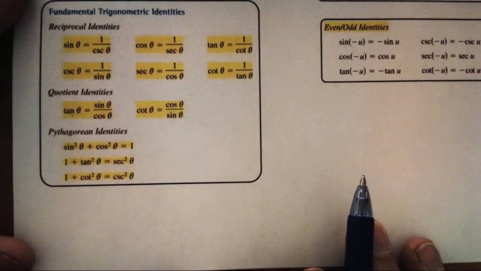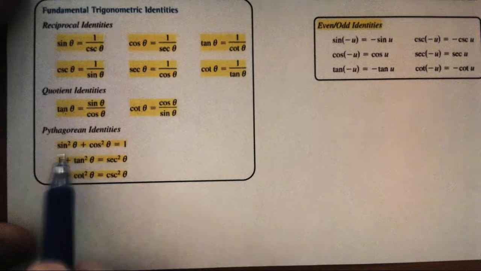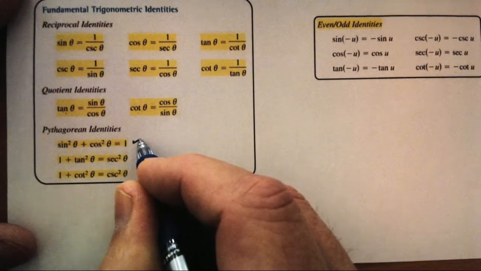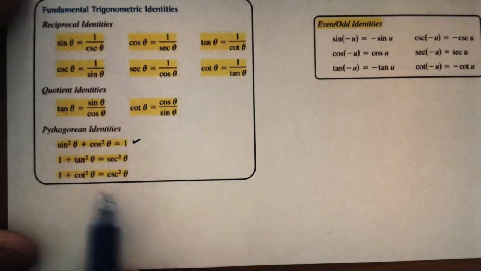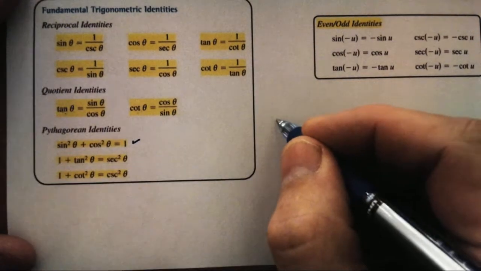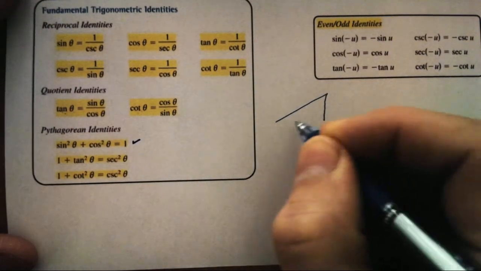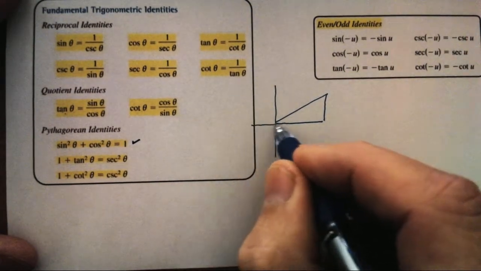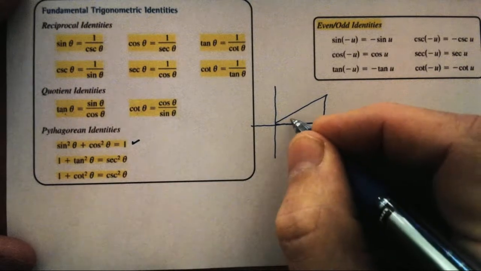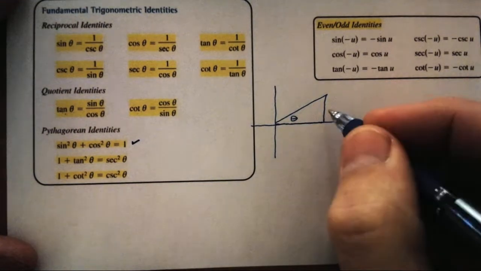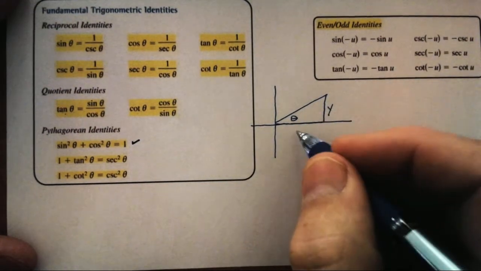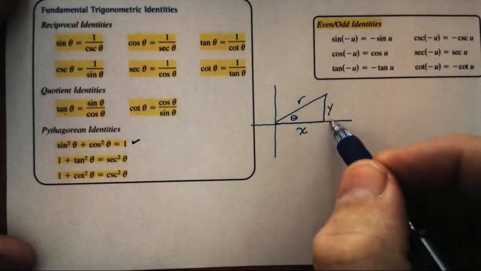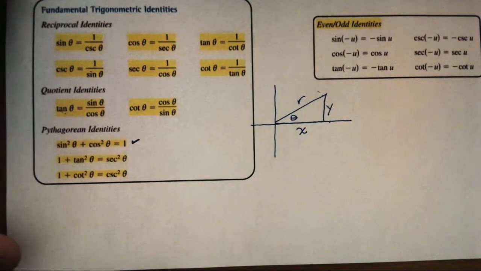That brings us to the Pythagorean identities. At this stage I believe we have probably all been exposed to this one enough that perhaps we have it memorized, but let's talk about all 3 of these. Let's say we have a right triangle in standard position, reference angle theta. This would be the y value or the opposite, the x or the adjacent, and the r, the radius we're spinning around on, or of course the hypotenuse.